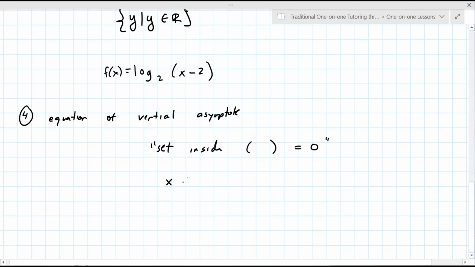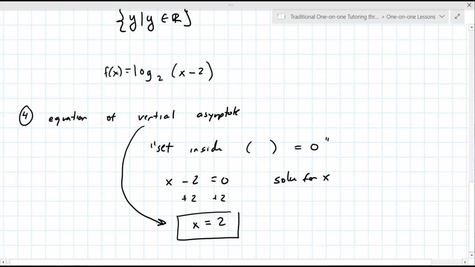So you literally set x minus 2 equal to 0, and then solve for x. You can see it's the same as the domain, except it's an equal sign instead of a greater than. Add 2 to both sides. x equals 2, and that is your vertical asymptote. Okay.